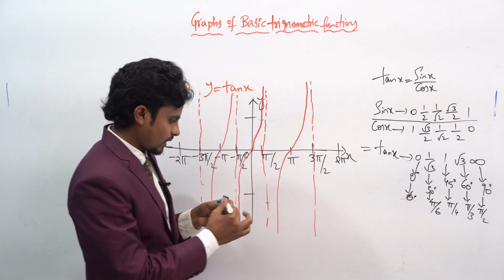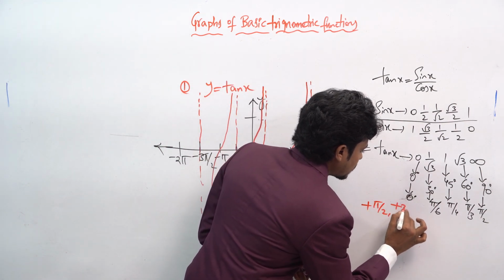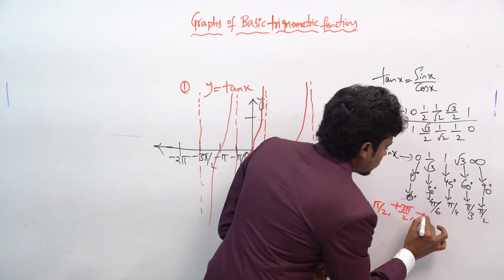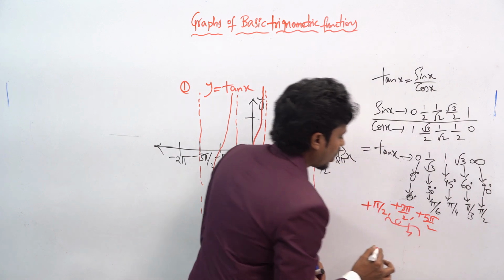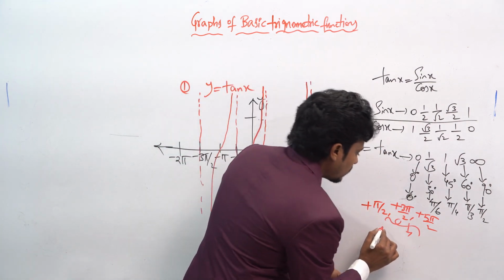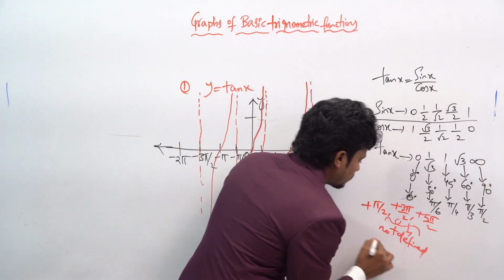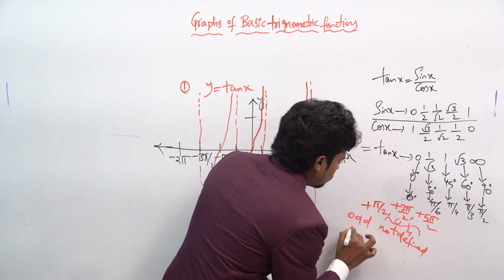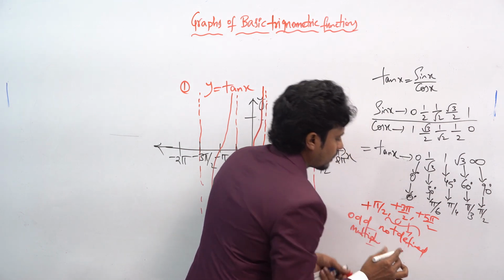So here this will be plus pi by 2, plus 3 pi by 2 and plus 5 pi by 2, and here the odd multiples will not be defined, right? Why? Because it will become infinite, not defined.